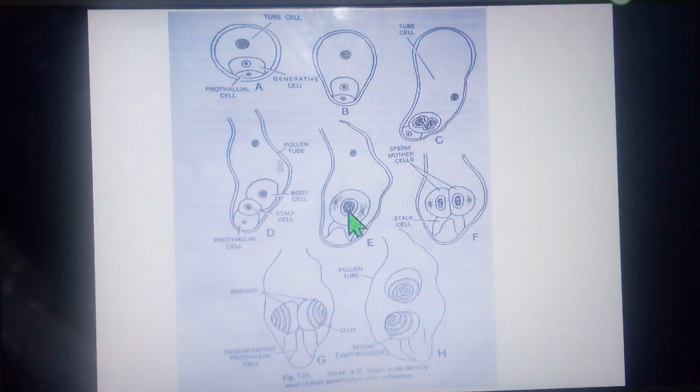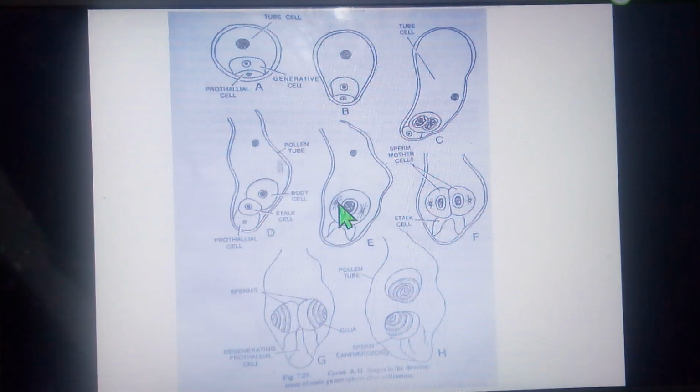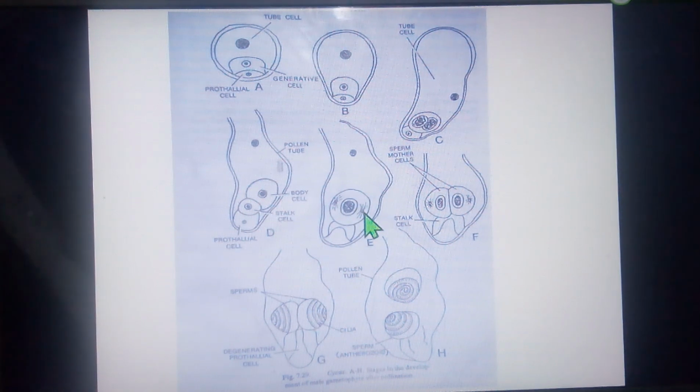Now around the nucleus, you can see here this is the nucleus. So two blepharoplasts develop around the nucleus, and you can see here that each of these blepharoplasts consists of fibers radiating out from its center. You can see here the fibers are radiating out from the center of the blepharoplast.